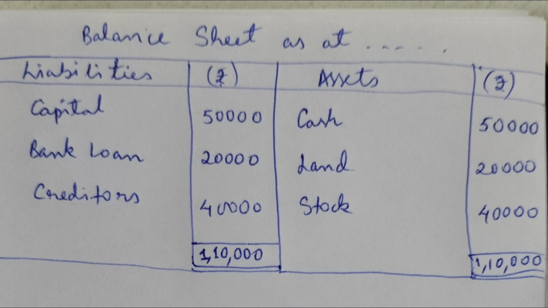If it's not equal, that means you have not done your accounting treatment correctly. And if it's equal, that means you have done the accounting treatment correctly. So if you sum up, you see the total is equal. The liability side and the asset side are equal, which means you have done all the accounting treatment correctly.